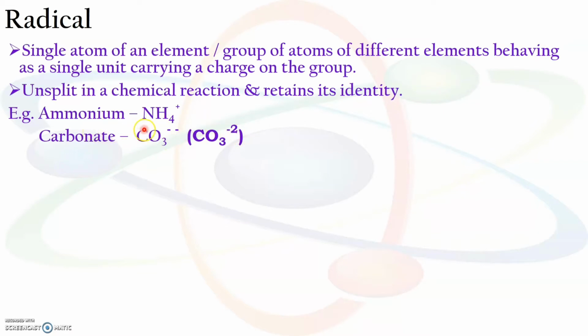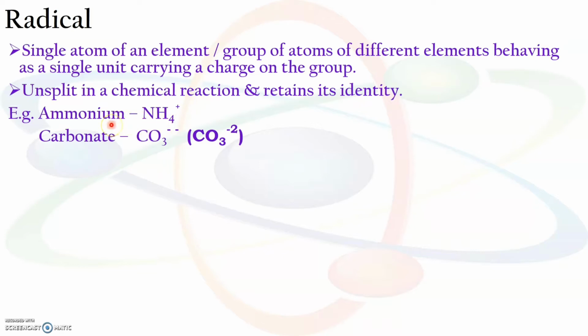Now as you see here, like in the definition, it says that they are groups of atoms of different elements. Like in the case of ammonium, they are a group of atoms of different elements, that is elements like nitrogen and hydrogen, which behaves as a single unit and also it carries a charge on this group.